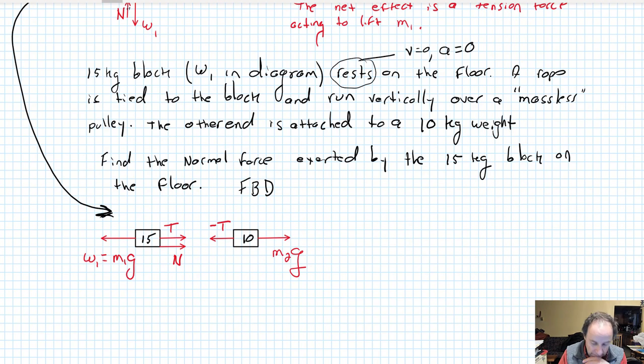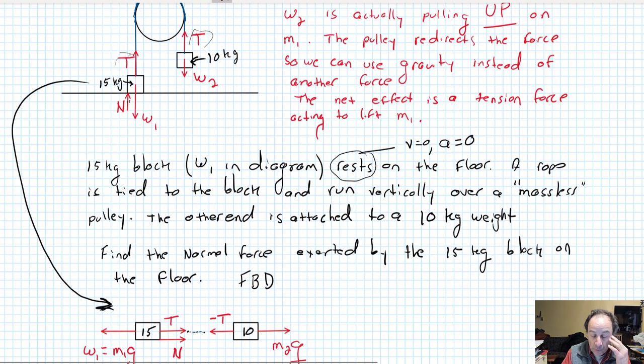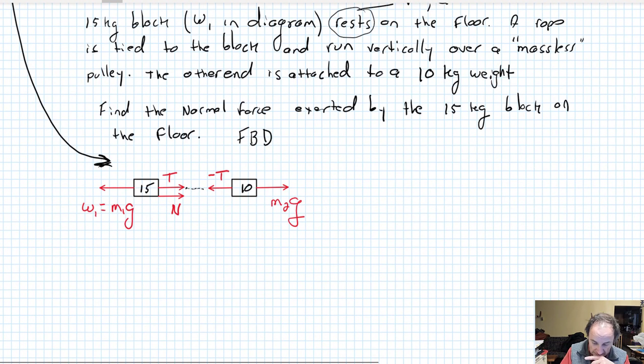Okay, so that's our situation. And all the pulley is doing is redirecting that force. Okay, it's not changing the force. So this simplifies things by taking out the pulley.